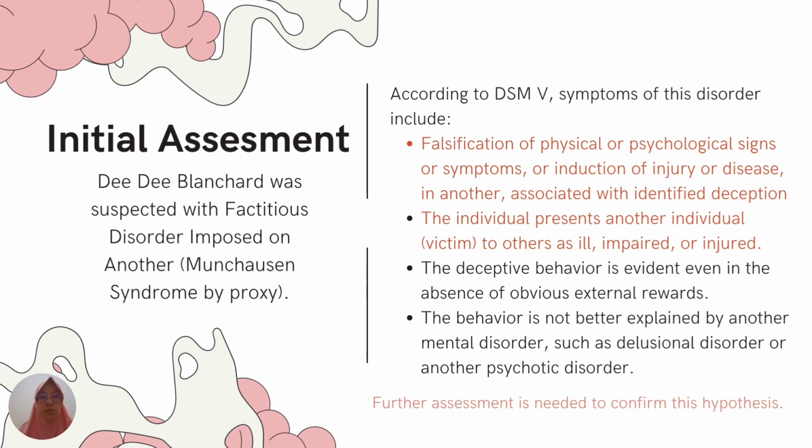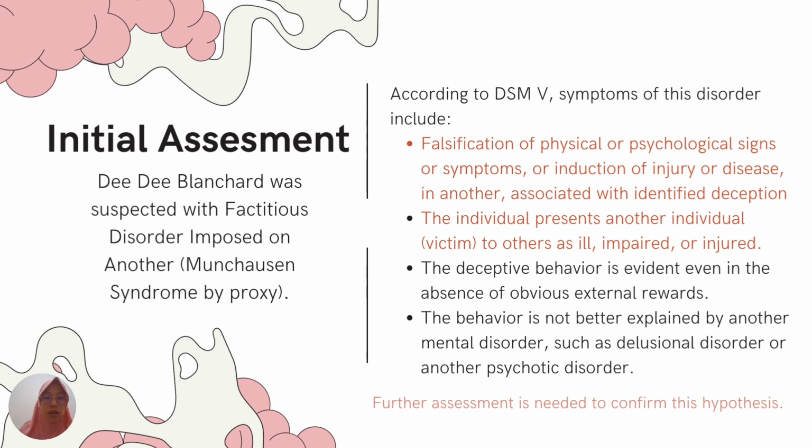According to DSM-5, the symptoms of this disorder include falsification of physical or psychological signs or symptoms, or induction of injury or disease in another, associated with identified deception, which she showcased and is described in the case description.